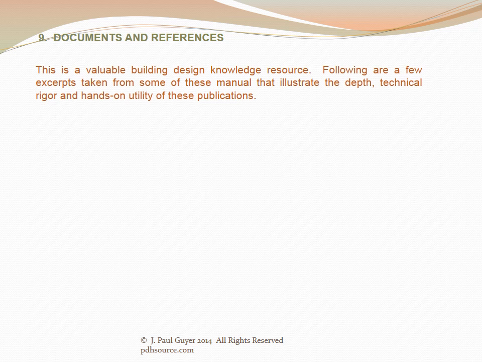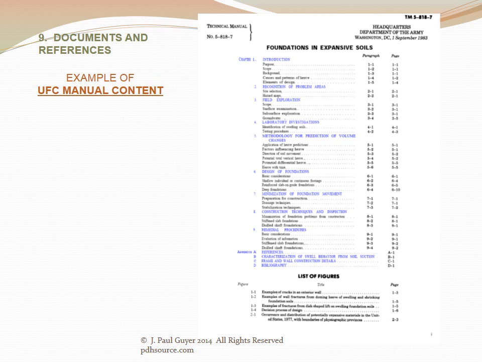Following are a few excerpts taken from some of these manuals that illustrate the depth, technical rigor, and hands-on utility of these publications. The table of contents provides a quick overview, obviously, of what is contained in each one of these manuals.